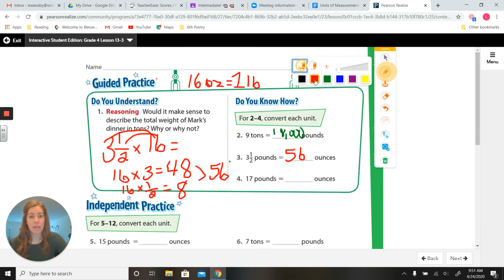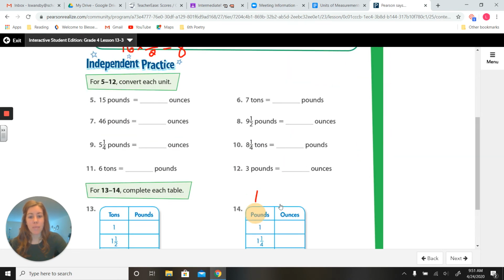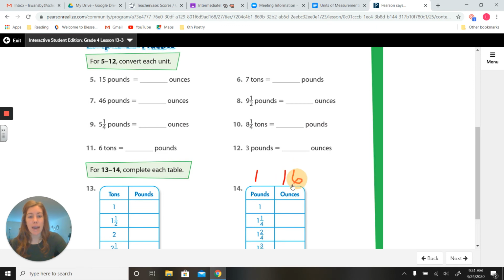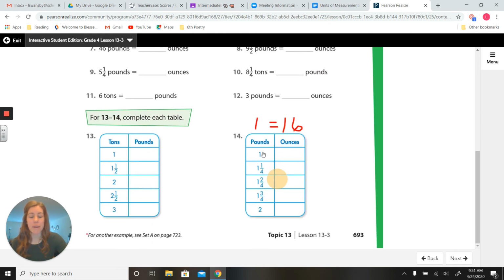I want 1 pound equals 16 ounces. Okay, so I just gave you the first one. 1 pound equals 16 ounces. Pattern. So then you can continue with that pattern. 1 1/4 pounds equal how many ounces? Well, what's 1/4 of 16? 4 times what equals 16? Well, 4 times 4 equals 16.